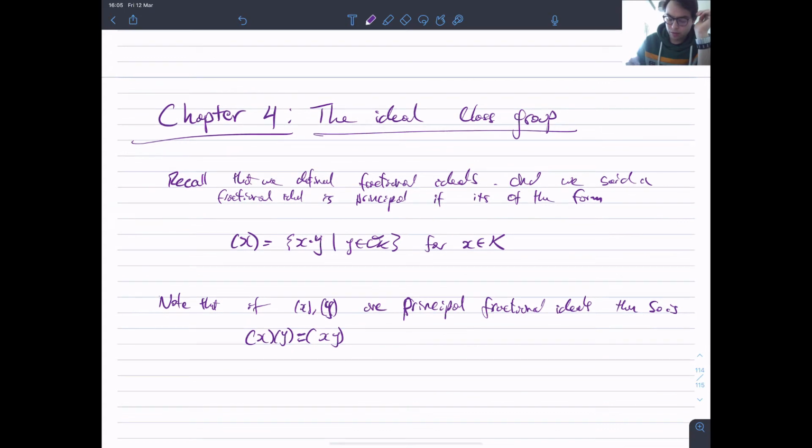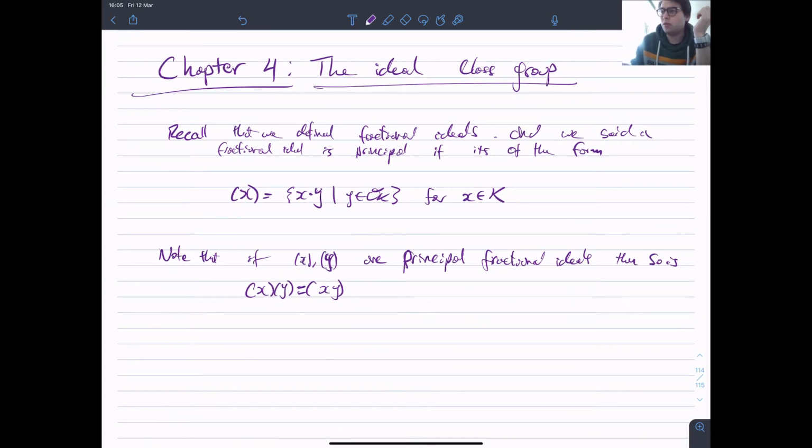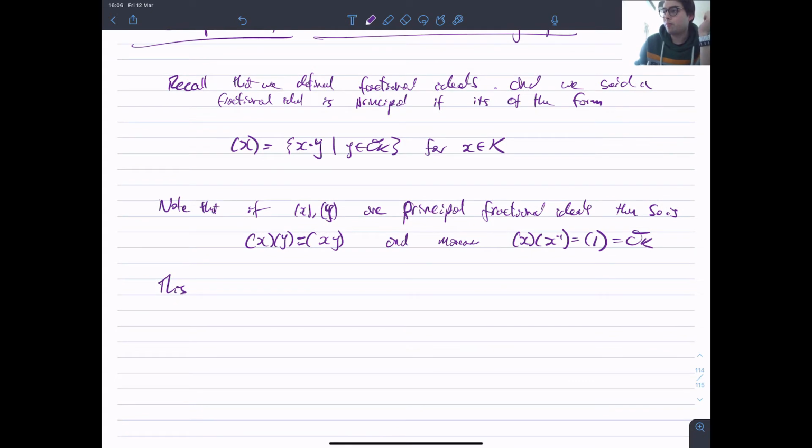The same sort of thing that we saw for ideals before works for fractional ideals. And moreover, because we're working with fractional ideals, we actually have an inverse. If you multiply this ideal by its inverse, you get the ideal generated by 1, which is just all of OK. So this means that the set of principal fractional ideals forms a subgroup.